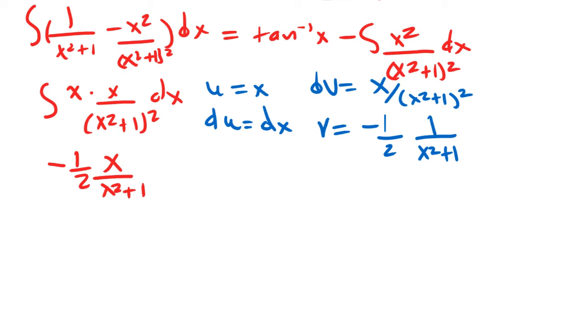So that's plus v du, which is 1/2 times 1 over x squared plus 1 dx.